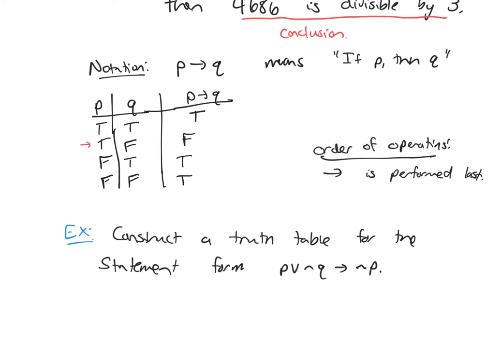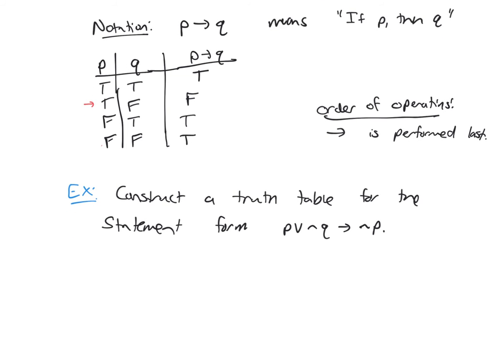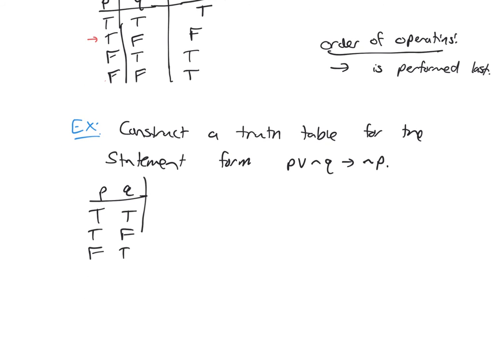I have a P and I have a Q, so that means I have 2 variables. So we're going to start our truth table with P, Q. And then 2 variables means 4 rows. True, true, true, false, false, true, and false, false.